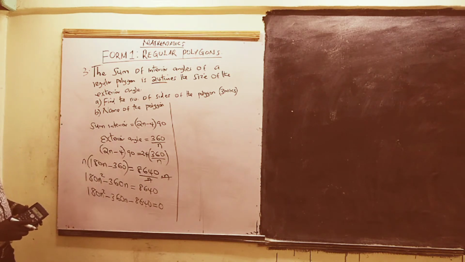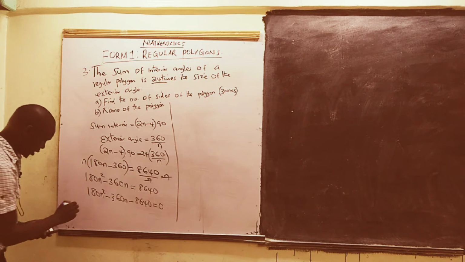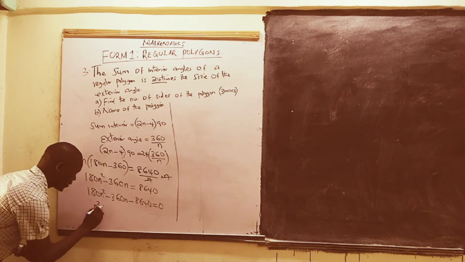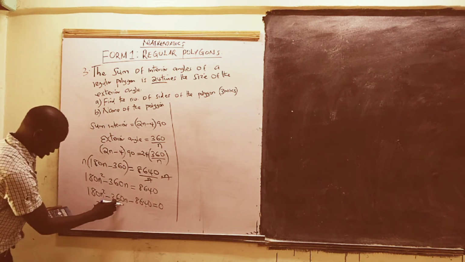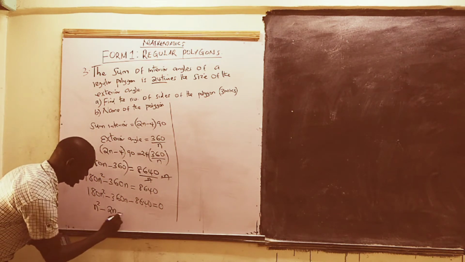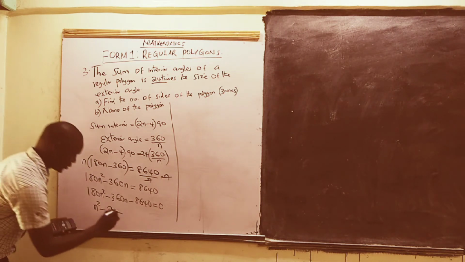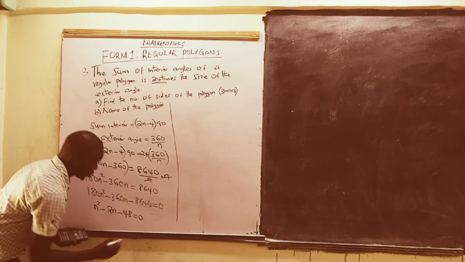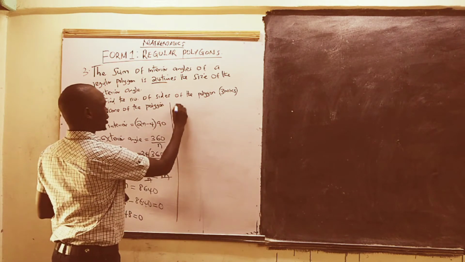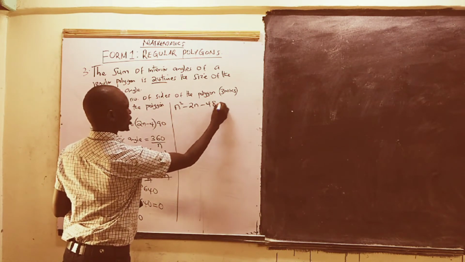What we do, if we simplify using the common factor here, I think the common factor is 180, so 180 divided by 180, we are going to have n squared, then minus 360 divided by 180, we are going to have 2n, then minus 8640 divided by 180, we are going to get 48, and this one is equal to 0. So if I bring our quadratic equation here, n squared minus 2n minus 48 is equal to 0.